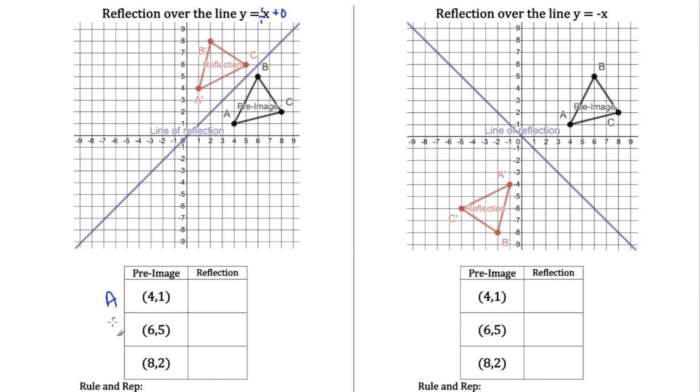So A, B, C, 4, 1, flipped over this line and became 1, 4. 6, 5, oh, this is wrong right here.